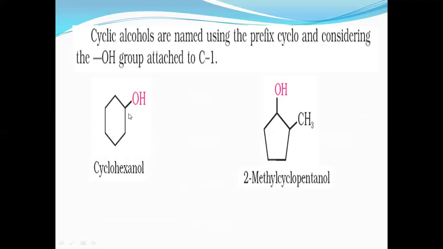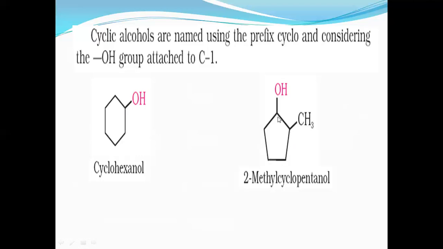Suppose there are substituents. In this case, you can see the OH group is present and CH3 is present. Therefore the OH group carbon is considered the first carbon atom, and for the substituent we have to give the lowest possible number next, therefore 1, 2. We should not move via the other direction because that gives the higher numbers 2, 3, 4 and 5.